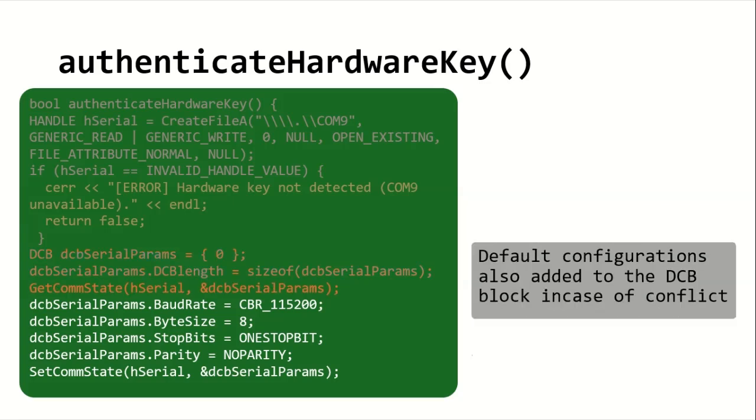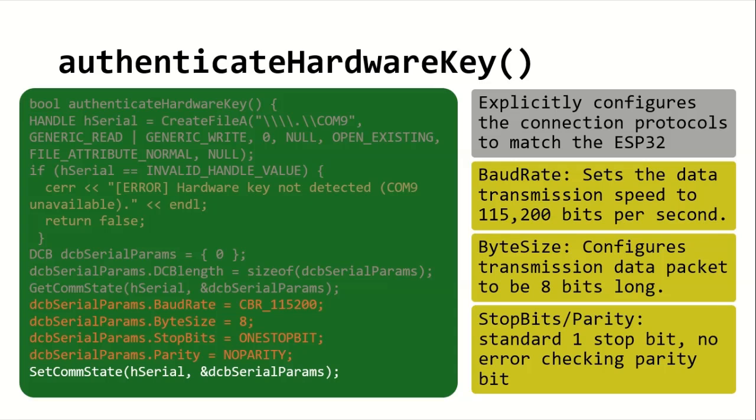We are also going to add the basic communication state default configurations into the DCB block in case we have a conflict. So we are adding the default configuration to our own edited configurations.